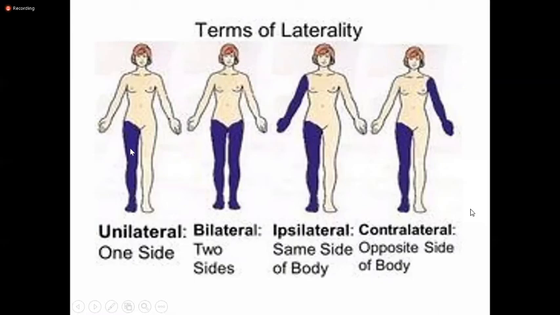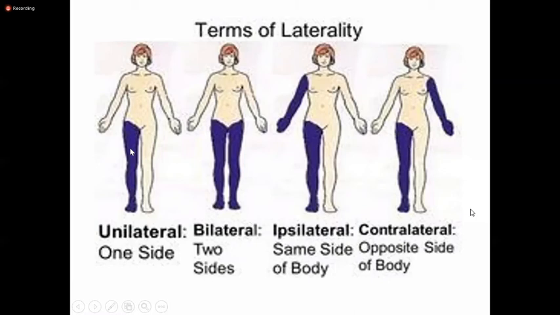The leg is called the lower limb, whereas this is called the upper limb, which you call the hand. But hand is not a proper medical term. This is called the upper limb. This is called the lower limb. Unilateral paralysis of the lower limb. That is one side.